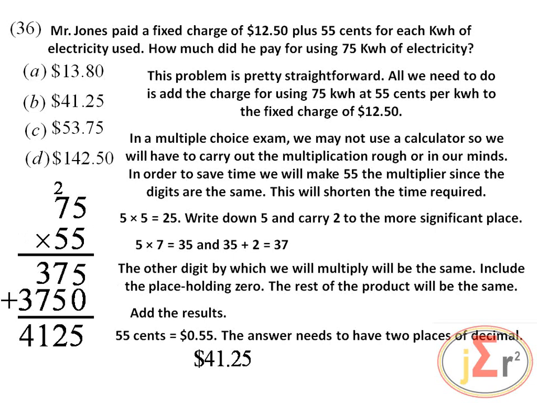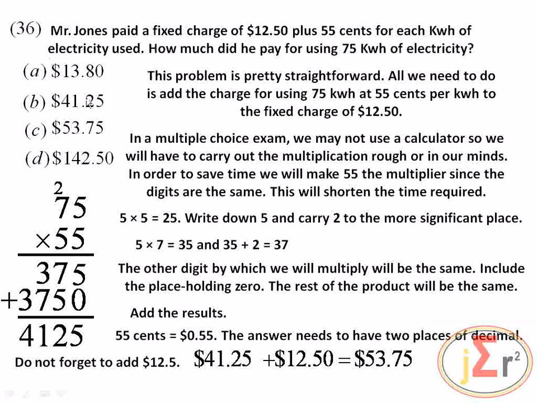Or so we think. I almost got caught with this same problem because I did not remember to add the fixed charge of $12.50. So do not forget to add $12.50. When we add $12.50, we get $53.75. If you did not remember to add the $12.50, we have the option there for you.